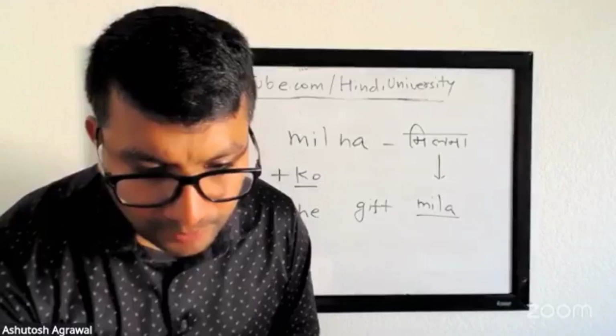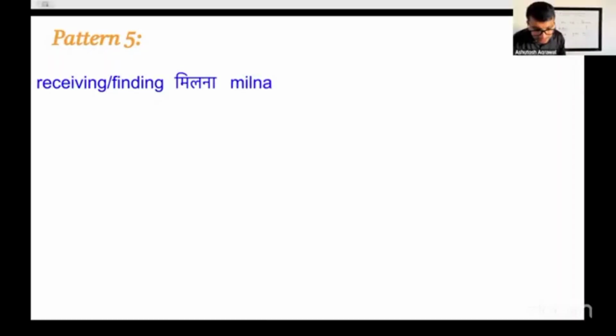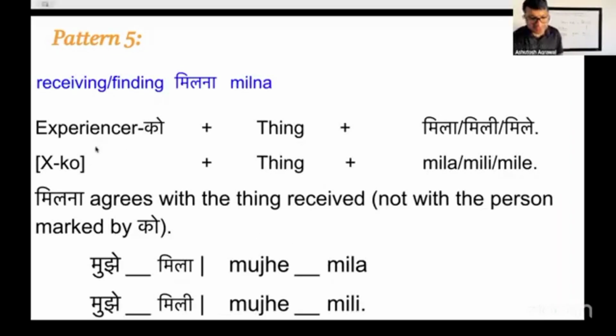For now, just remember it's the experiencer, whoever is receiving it. It's followed by को: X को, John को, Marwa को, Stacy को, Nicole को, something. And something, as I said, is an opportunity or help. If you're receiving help, you also say, Nicole ko help. Help is considered feminine. Nicole ko help Millie.